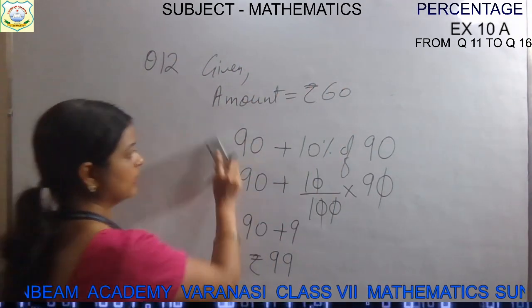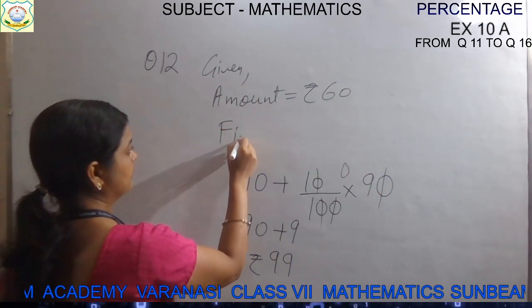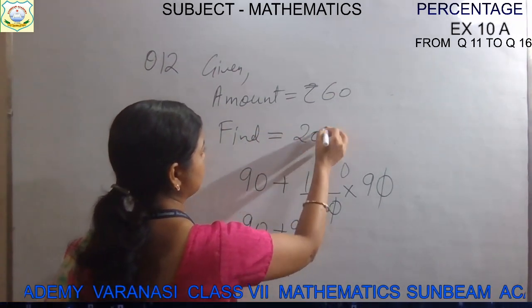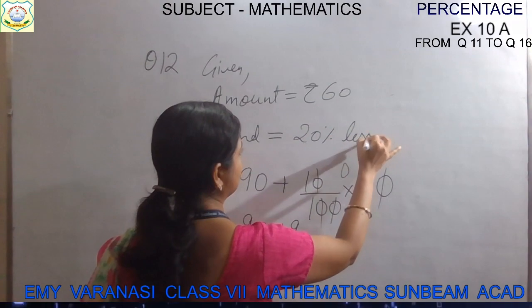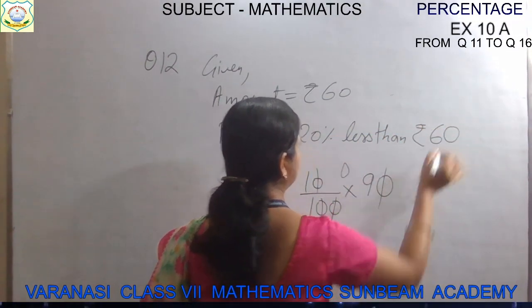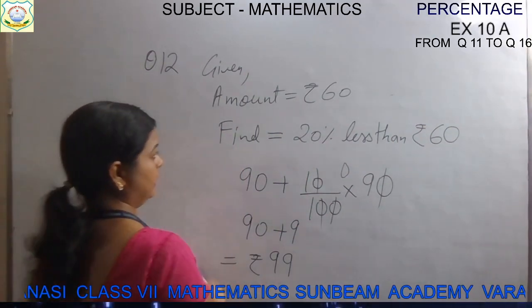And what we have to find? We have to find 20% less than rupees 60. This we have to find.